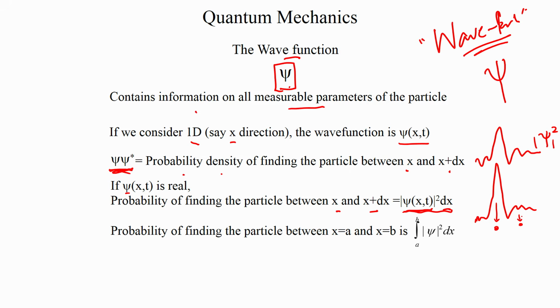So that's the implication of this. And just going by these arguments, if I need to find the probability of finding the particle between two locations, x equal to a and x equal to b, then it is simply the summation of these probabilities, which is an integral from a to b of psi square dx. So that's the probability of finding a particle.